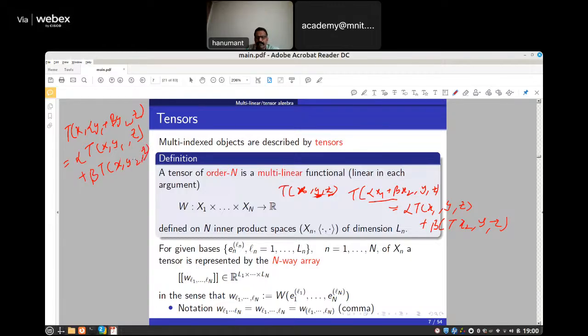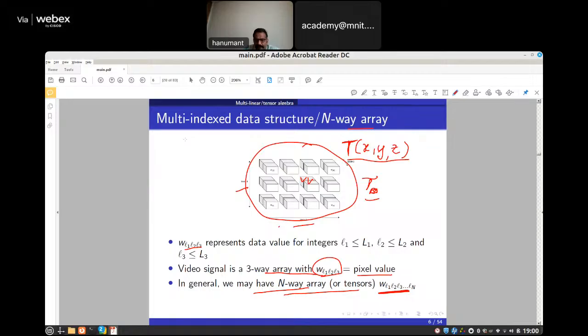Okay. And similarly, you can do it with the others. So what we can prove is that there is a unique three-dimensional data, and a one-to-one correspondence between this multilinear functional and this three-dimensional arrangement of numbers.